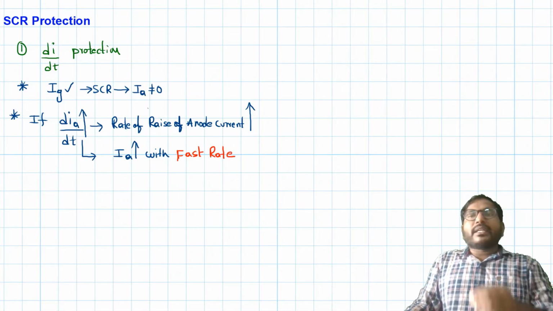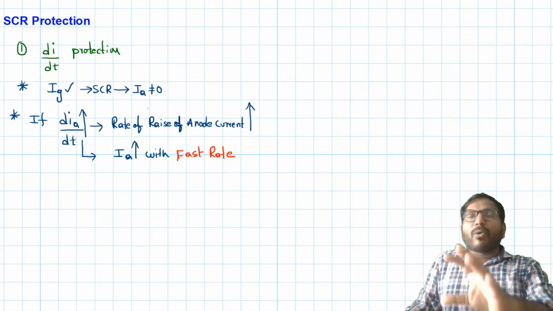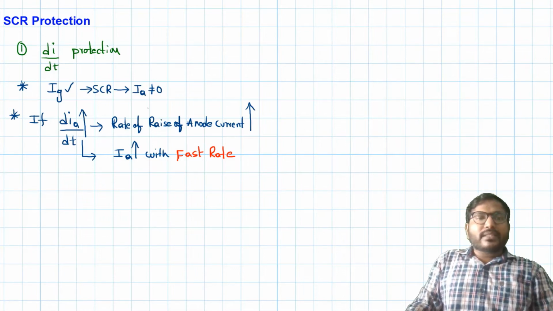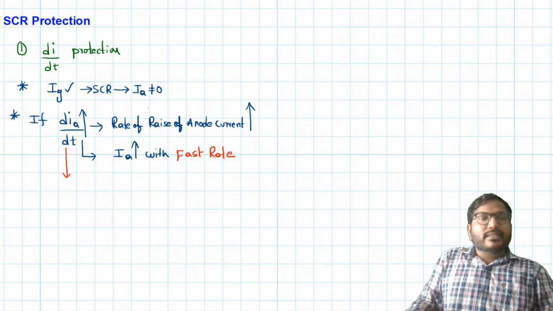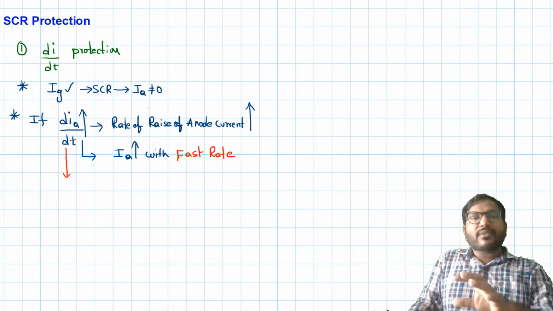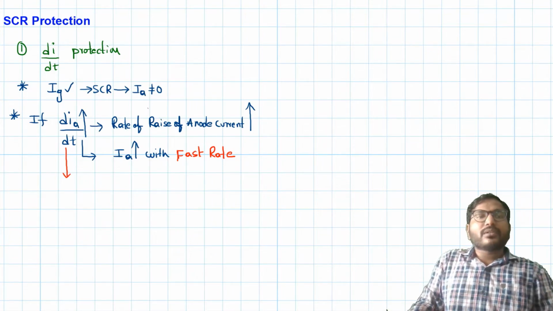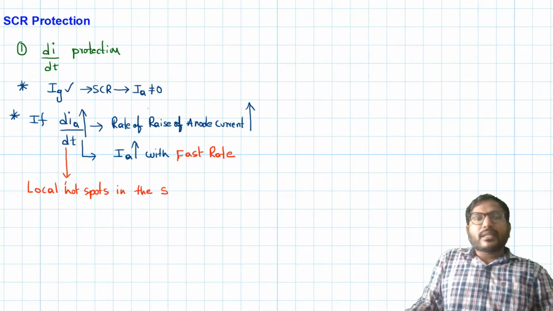When the rate of rise of anode current is more, we can see the formation of local hotspots in the SCR layers.